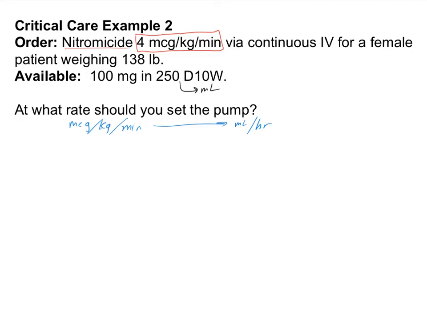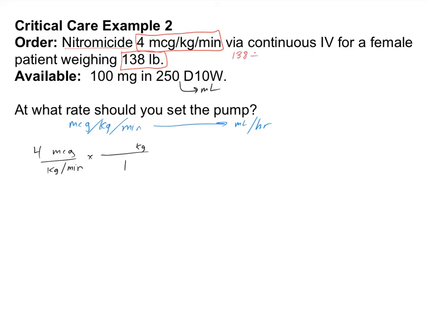So I'm going to start by writing the dose, 4 micrograms per kilogram per minute. And we know with all weight-based dosage, we need to multiply by the patient's weight in order to customize it for this particular patient. Up above, I'm told the patient weighs 138 pounds. I need to convert that to kilograms because the dose is in micrograms per kilogram.